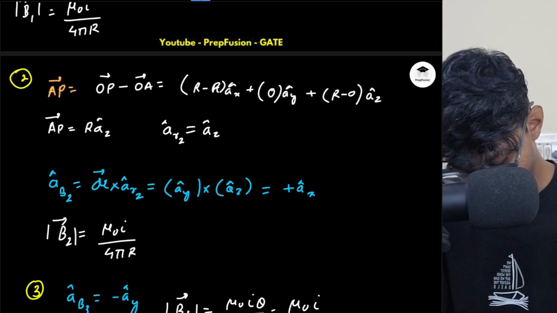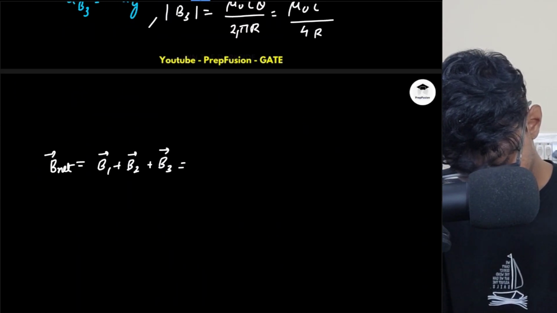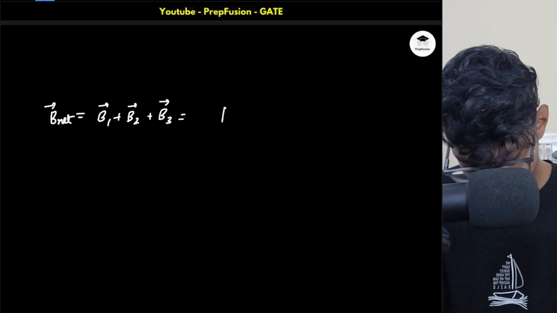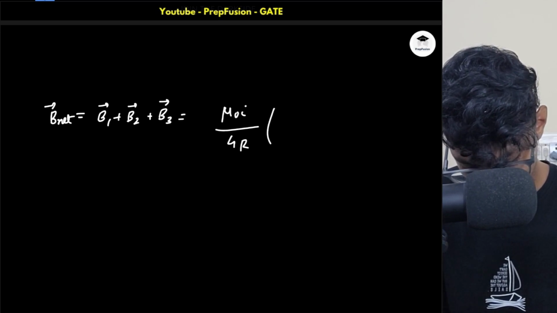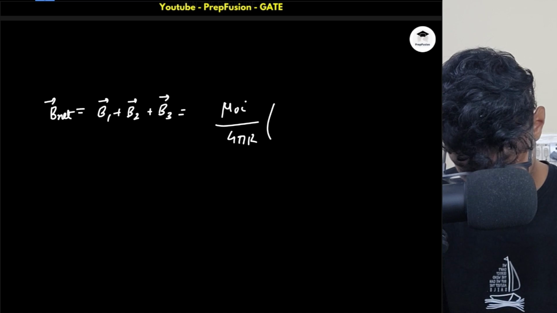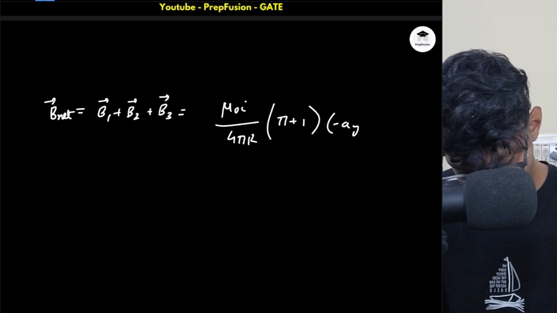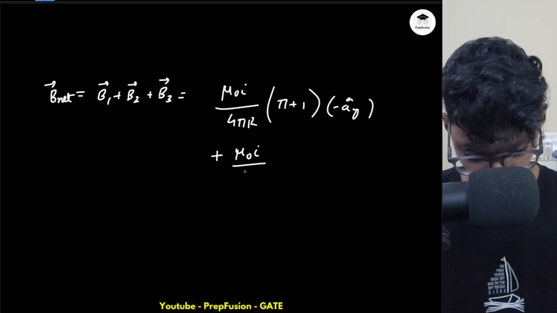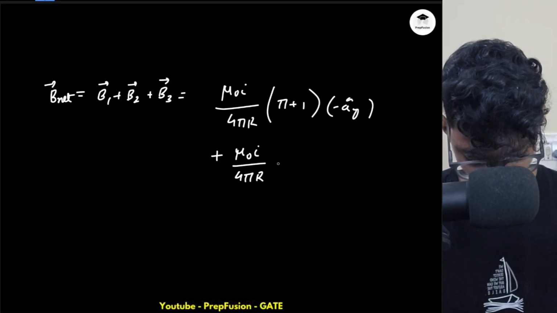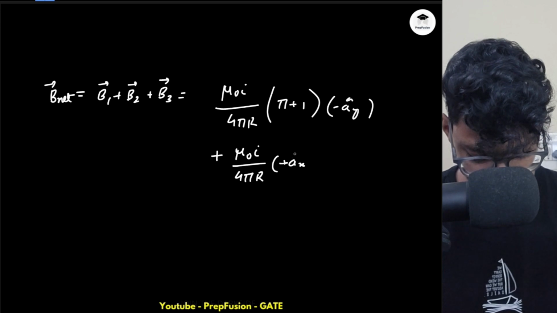It will be mu naught I by 4 pi R plus mu naught I by 4R, taking pi common, mu naught I by 4 pi R times pi plus 1 in the minus a_y cap direction, plus mu naught I by 4 pi R in the plus a_x cap direction.